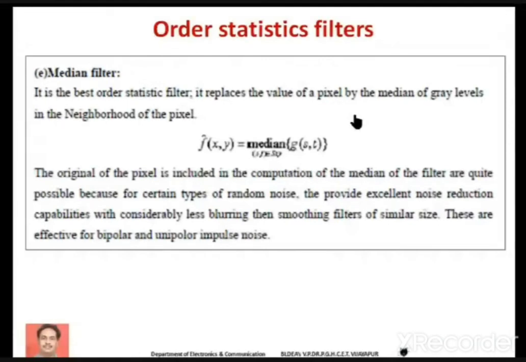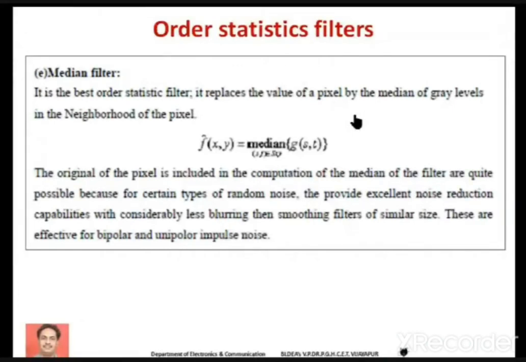How to calculate the median? First, we arrange those 9 values, if you have a 3 by 3 mask, in ascending order, and we take the center value as the median. That center value is assigned to the pixel which is to be replaced in the original image.